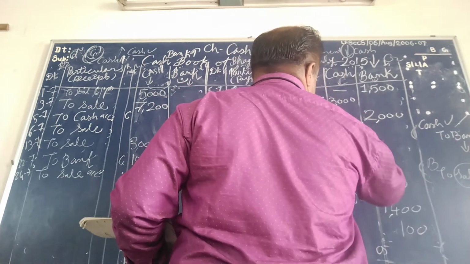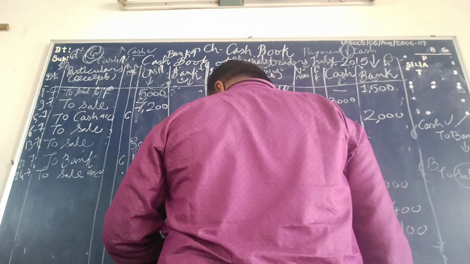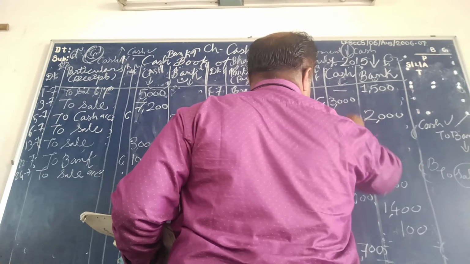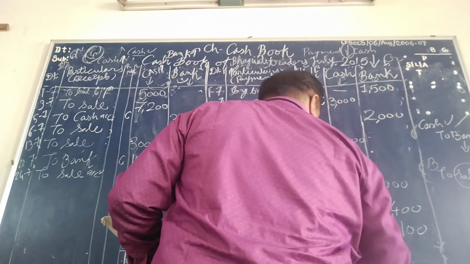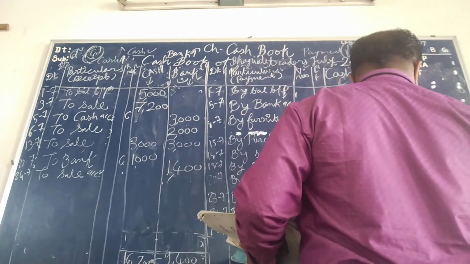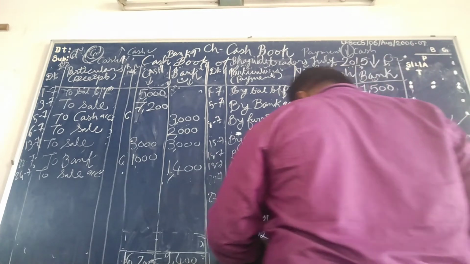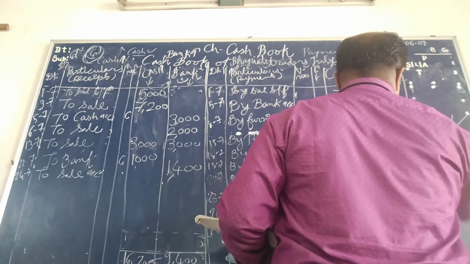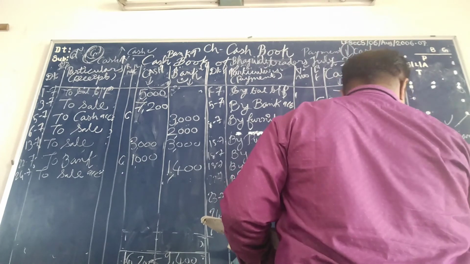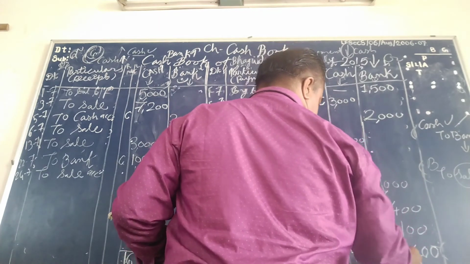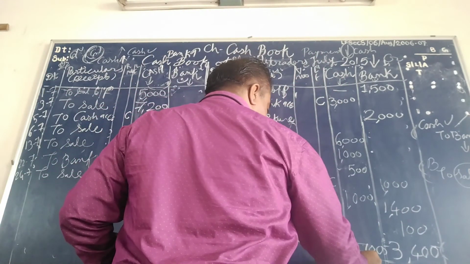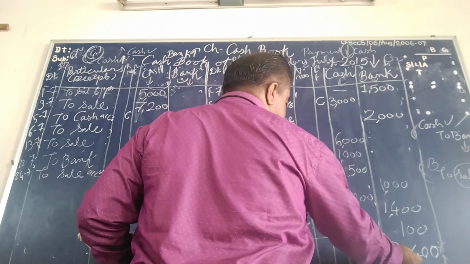So our closing balance, cash balance, is 4,700 and our closing bank balance is 3,400.